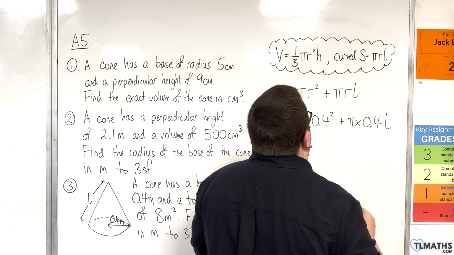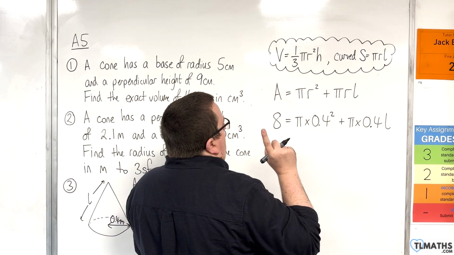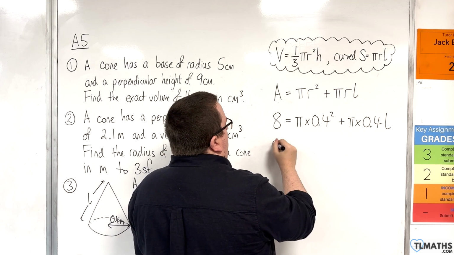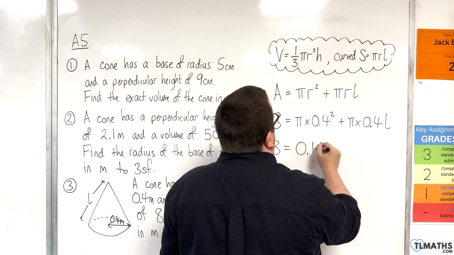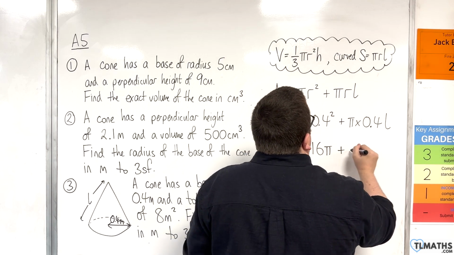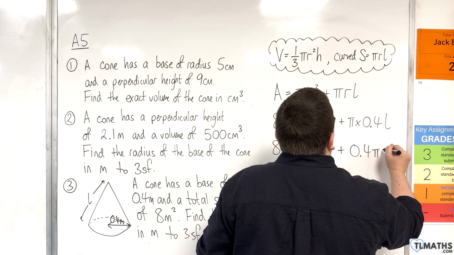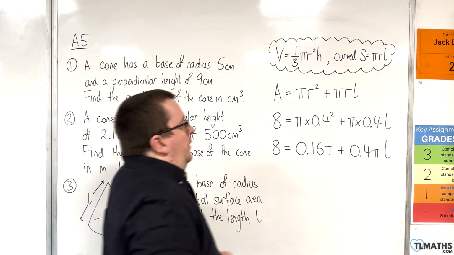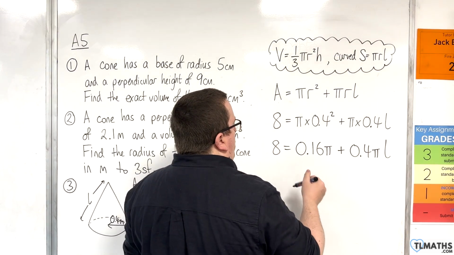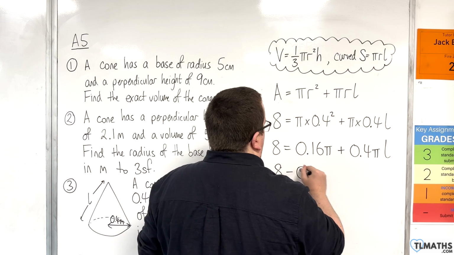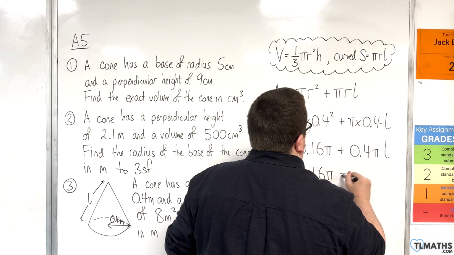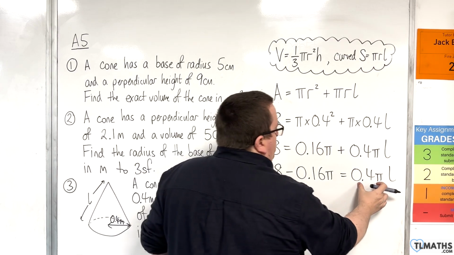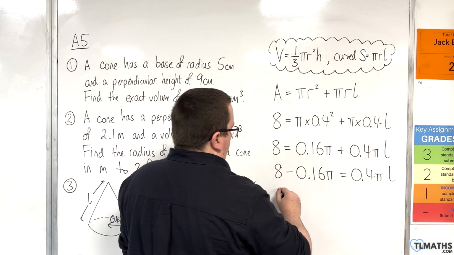Okay. So, first of all then, 0.4 squared is 0.16. So let's just write that as 0.16 pi plus 0.4 pi L. I will subtract 0.16 pi from both sides. And then divide both sides by the 0.4 pi.